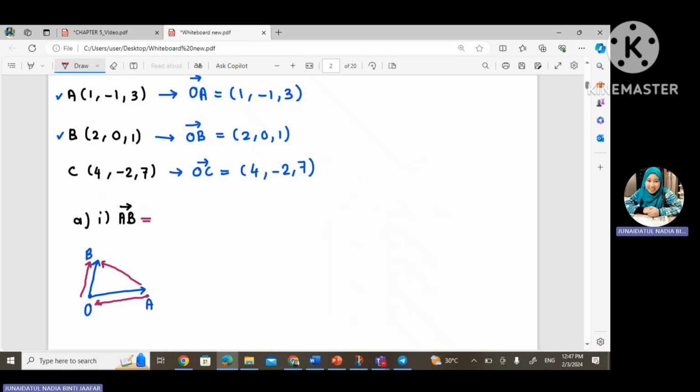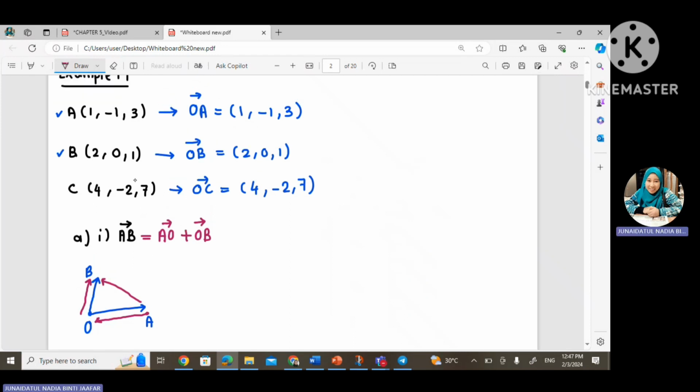So we can write the resultant vector: A goes to point O, the origin, so AO, continuing with plus the origin to B, so OB. So AO plus OB. Okay, so what is given in the question is vector OA and vector OB. But we must use AO here, based on the resultant vector just now.